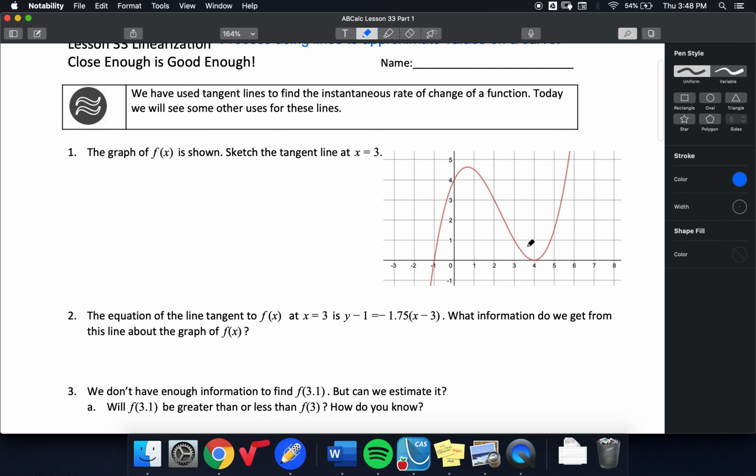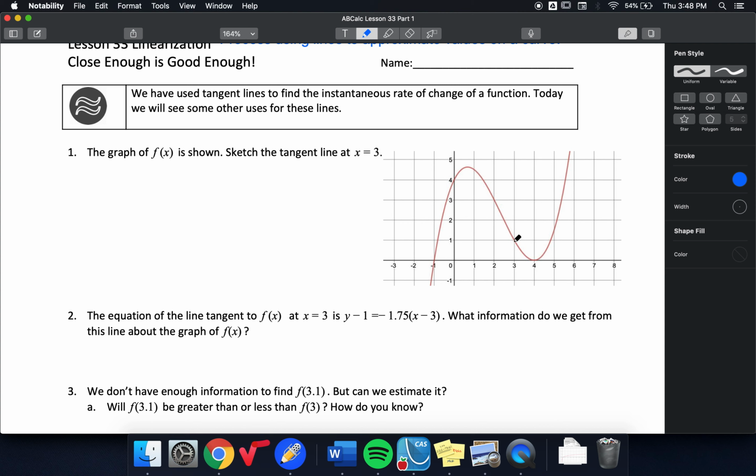So here's a graph of f of x. We're going to sketch the tangent line at x equals 3. So here's my x value of 3. I'm going to put in a tangent. The question is, do I put the tangent above or below the curve? And it looks to me like it's going to fit better below the curve, and that's because at this point in my graph, my curve is concave up.